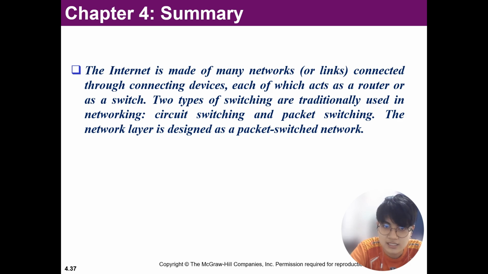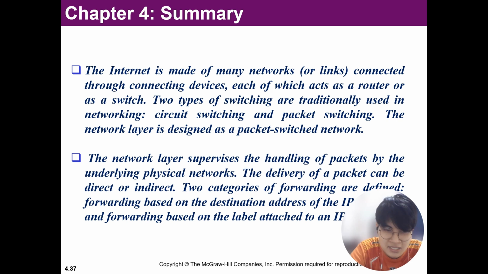The network layer is designed as a packet switching network. The network layer supervises the handling of packets by the underlying physical networks. The delivery of the packet can be direct or indirect. Two categories of forwarding are defined: forwarding based on the destination address of the IP and forwarding based on the label address.